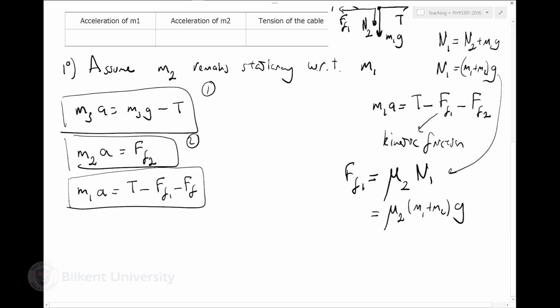Now I can add up my three equations. I have M1 plus M2 plus M3 times A. When I add them, T and F friction 2 cancel each other, and I'll have M3G minus F friction 1. And F friction 1 I actually know.